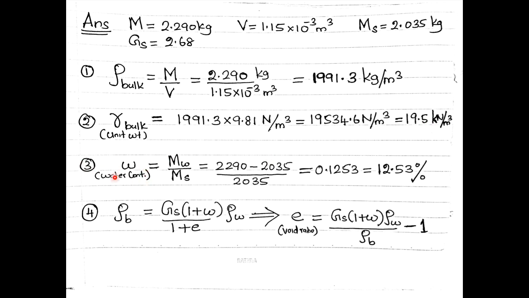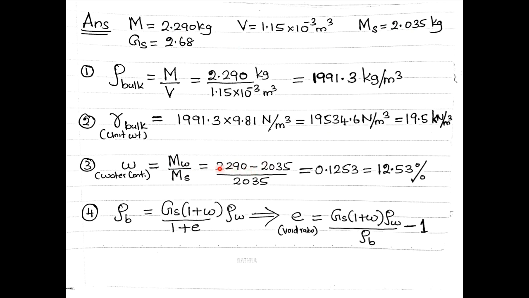Number 3, water content. Mass of water over mass of oven dry solid is equal to 2.290 minus 2.035 kilogram, the expelled water weight, is equal to MW.